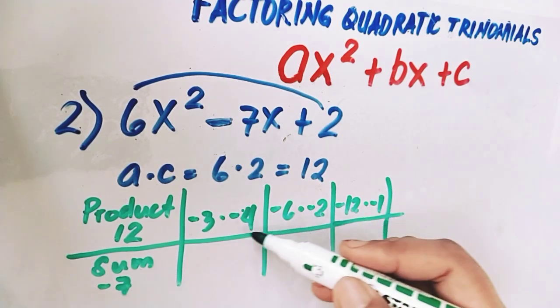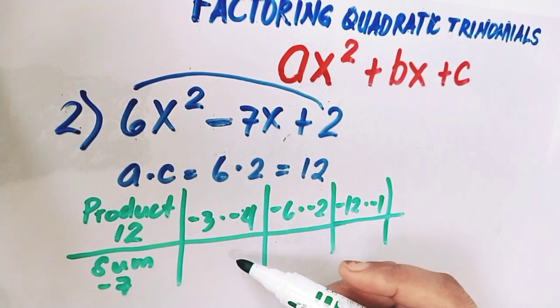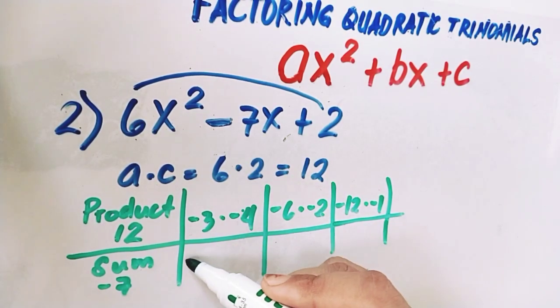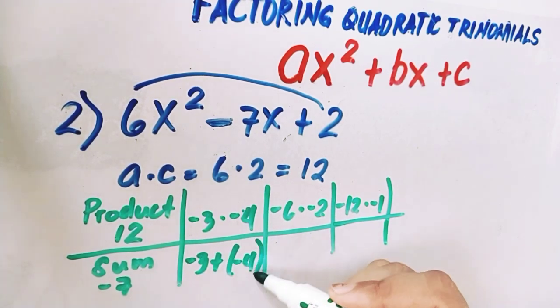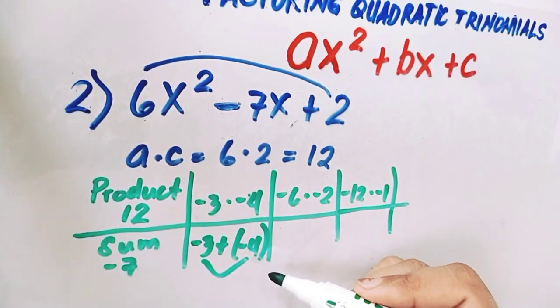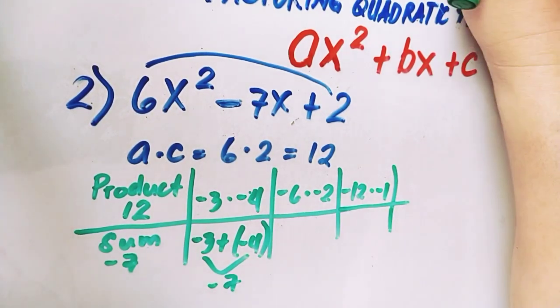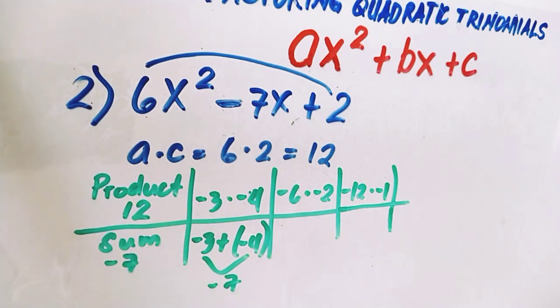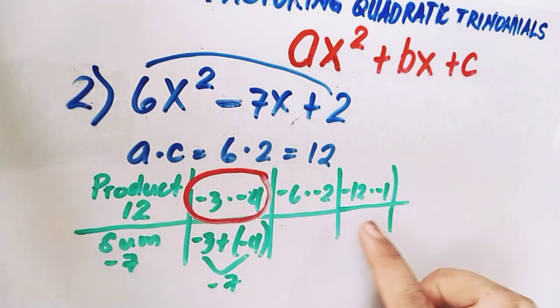Which among the three has a sum of negative 7? Automatically, our first pair of factors is negative 7. So negative 3 plus negative 4, and that is negative 7. So we will use now the factors negative 3 and negative 4. No need to check for the last two factors.